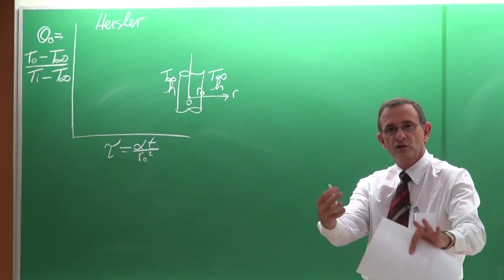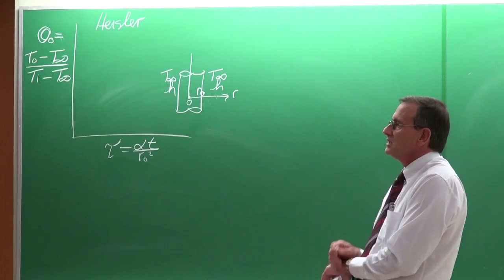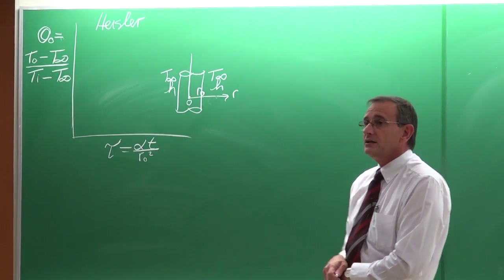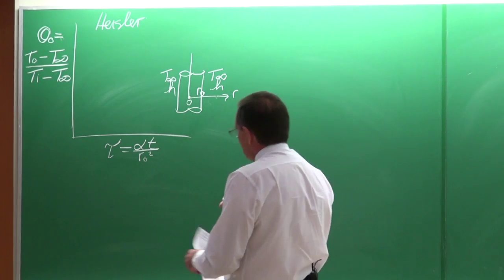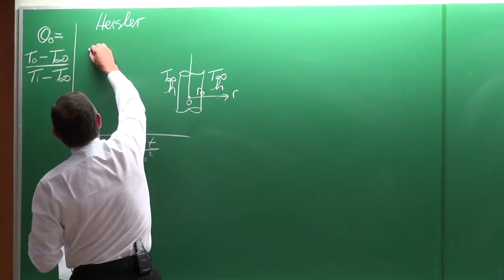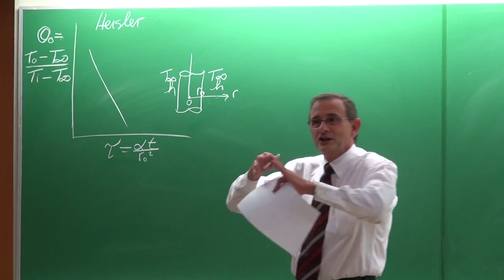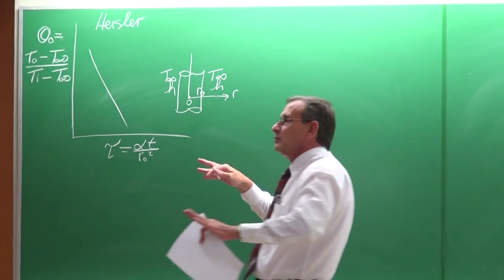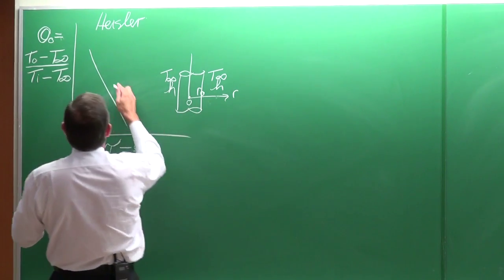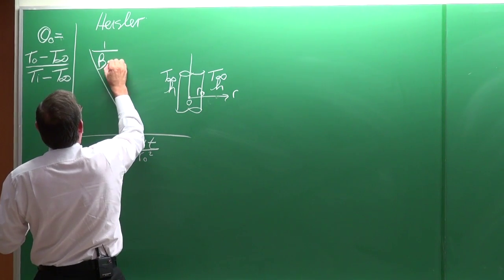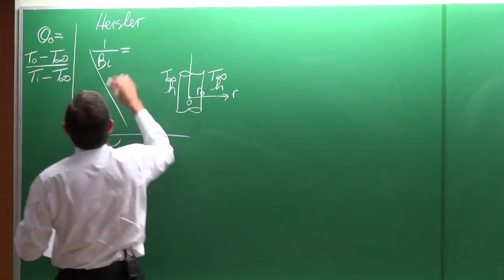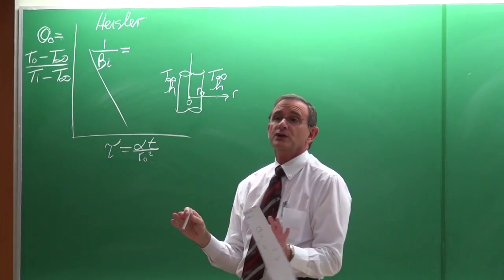Okay. For those of you who have your textbooks here, please open it here. It would be a good idea to take a look at it because we are going to use it in a while. Okay. Now on this chart, there are many lines, and I'm not going to try to put them in. But you will see these lines are lines for a constant Biot number, and in this case they are presented as 1 divided by the Biot number.